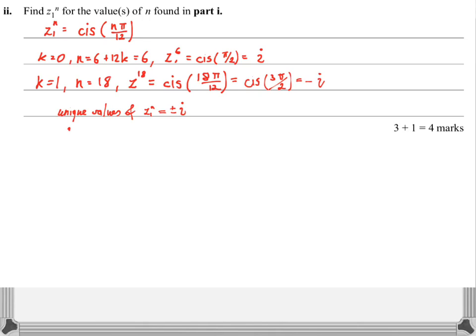The cis of that angle will give you i, and then the next k value you'll get negative i, and it will just keep alternating between i and negative i. The only unique values are those ones. Done. Let's look at the next part.